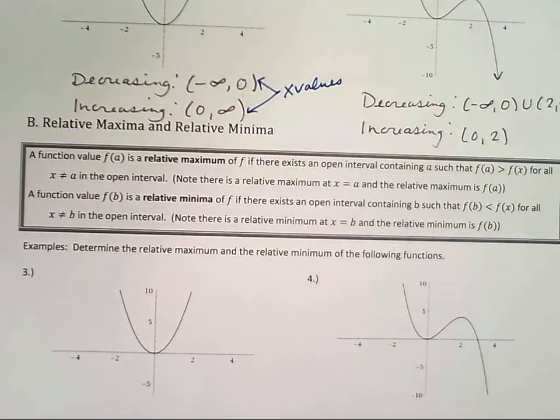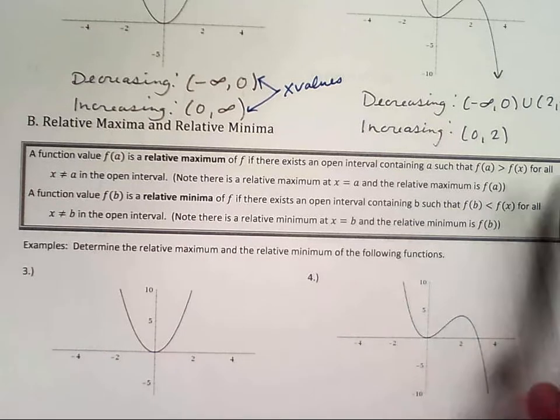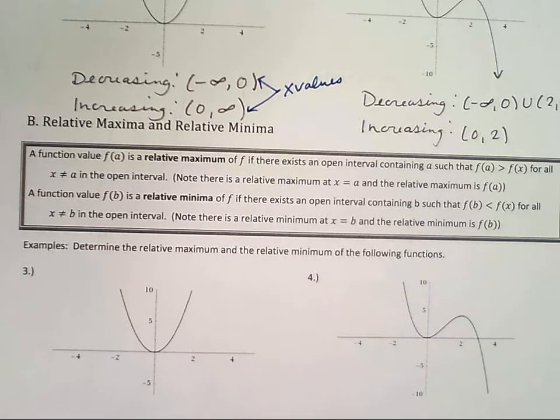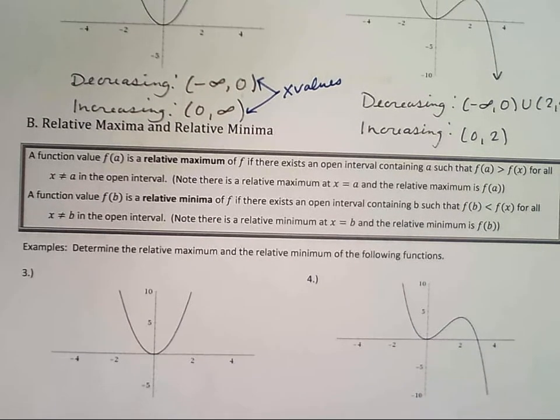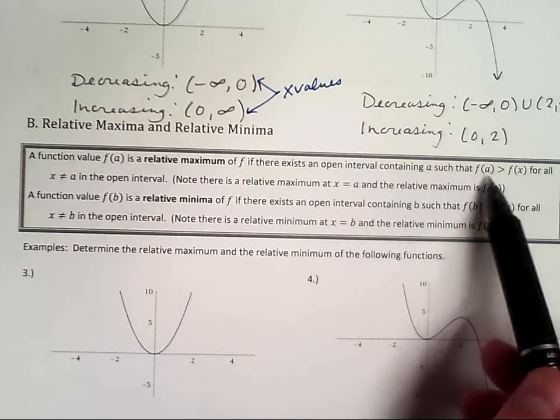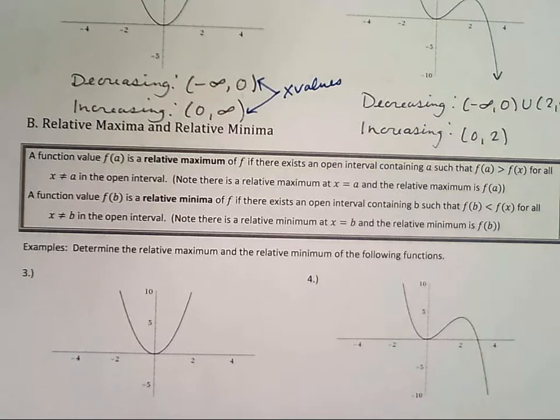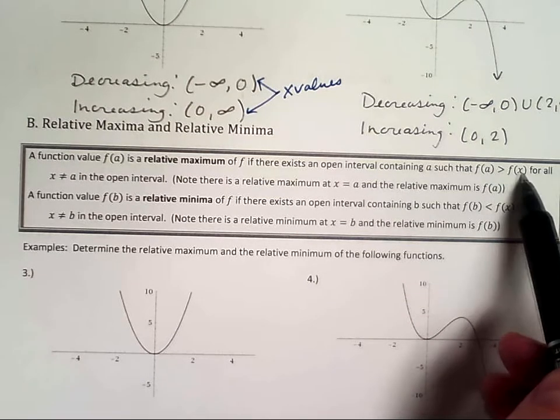So what does all of this mean? You have a maximum somewhere if on the graph it's higher than everywhere else. It's the largest value you can attain on the graph. So there's a relative maximum at f of a if f of a is bigger than all your other y values.